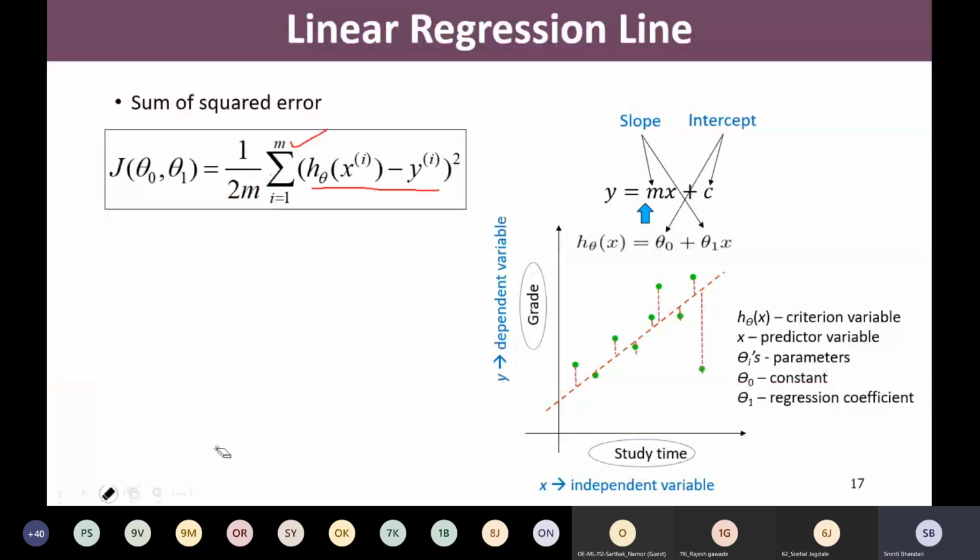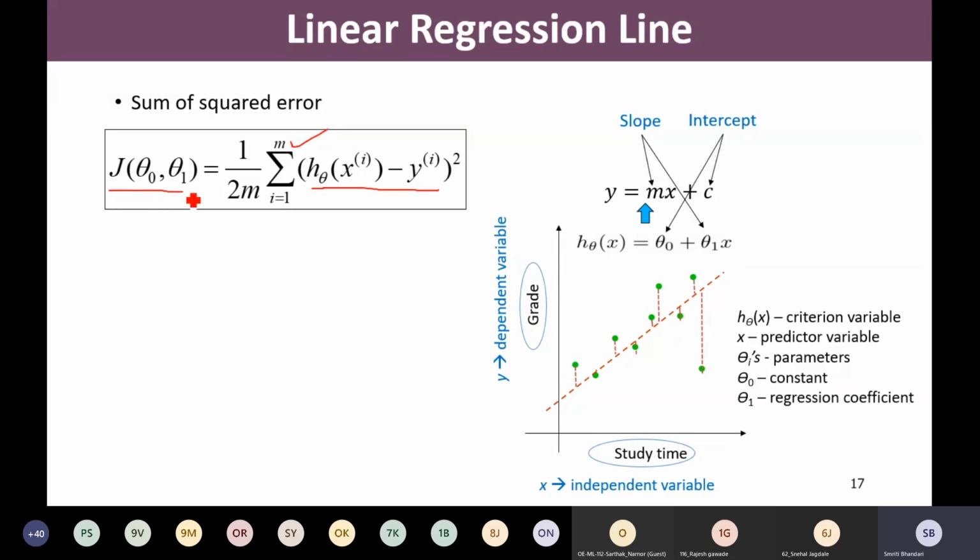So we now have this sum of squared error, and how do we denote it for all m samples: 1 divided by 2m, summation i equal to 1 to m, (h theta of x_i minus y_i) whole square. And this sum of squared error is denoted as J of theta 0, theta 1.